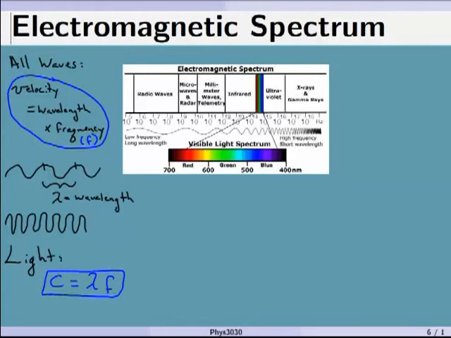We know that c is a constant, at least out in outer space. It can be slower when it has to move through glass or something like that, but we won't talk about that too much here. So these two, frequency and wavelength, are in an inverse relationship. c is a constant, so if lambda goes up, frequency has to go down, and if lambda goes down, frequency has to go up.